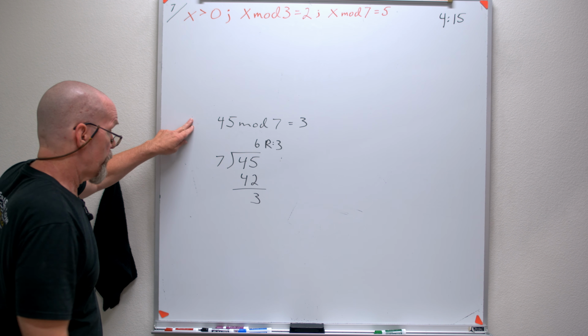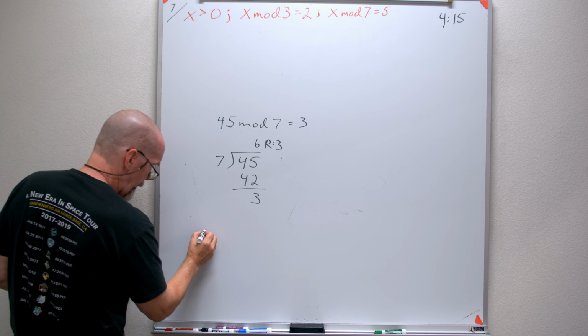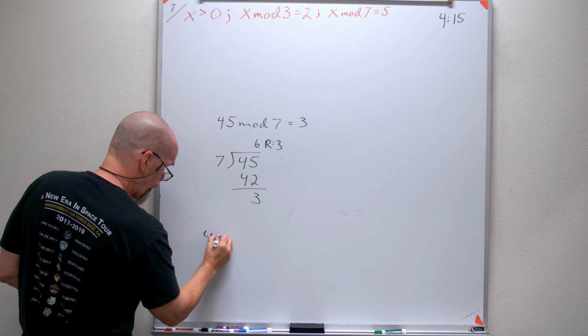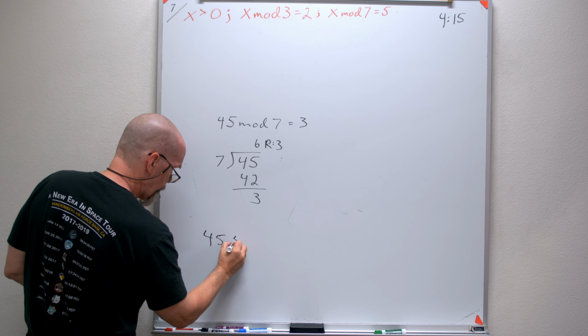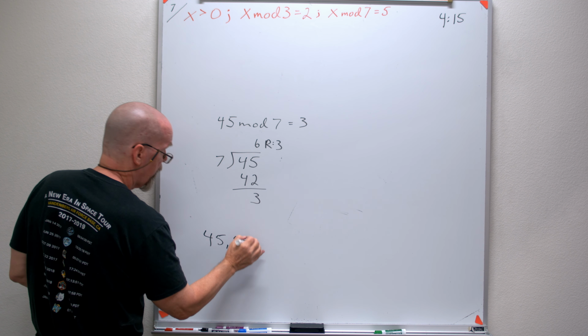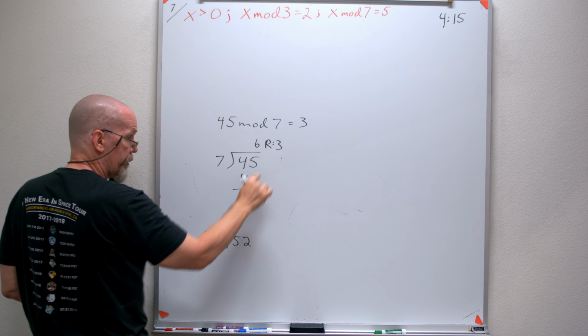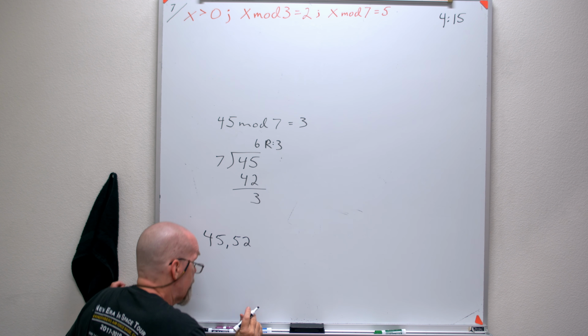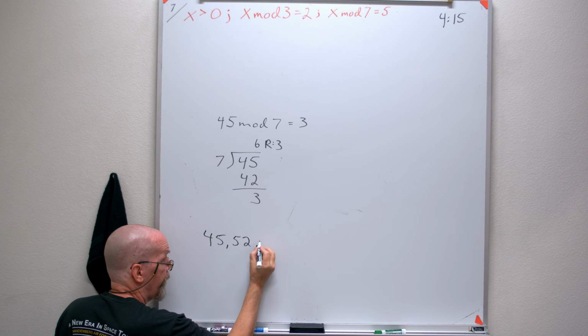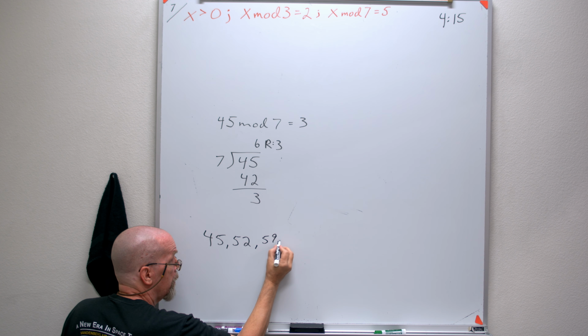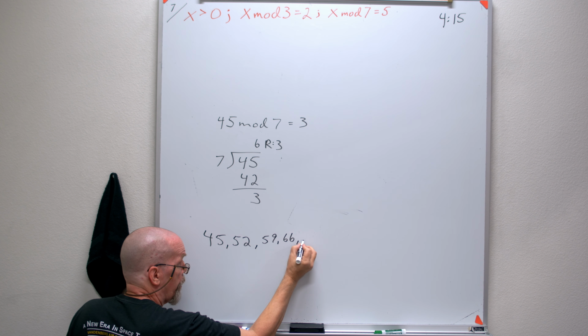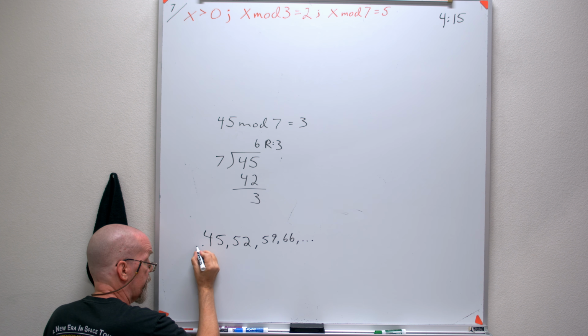Had I done it instead of 45 as 52 mod 7, 7 larger means this wouldn't be a 6 anymore, it'd be a 7, and the remainder would still be 3. All these values that differ by 7 are all equivalent in modulus 7.